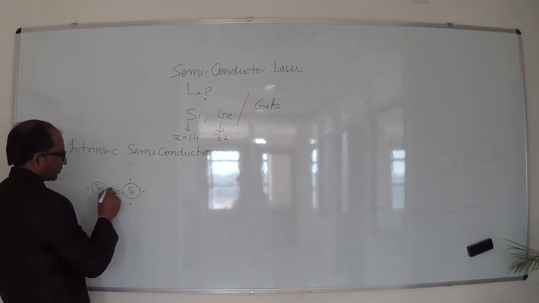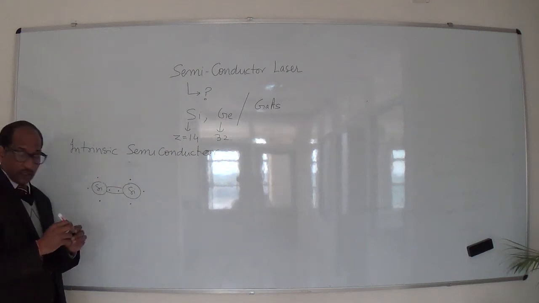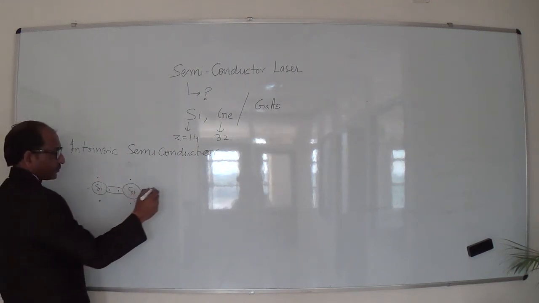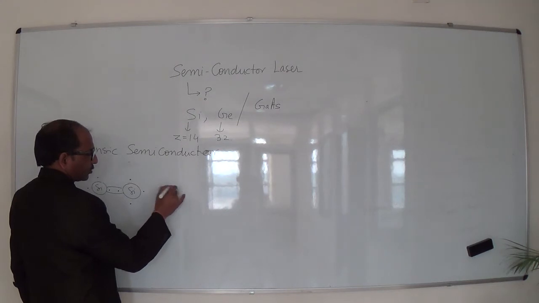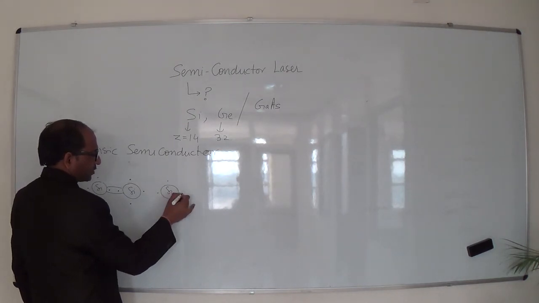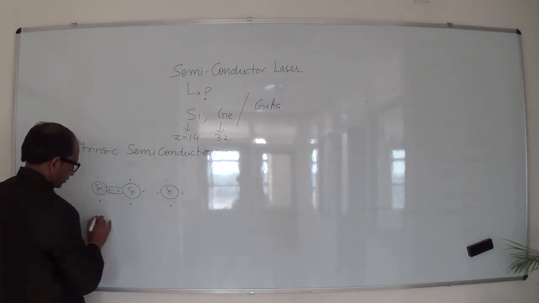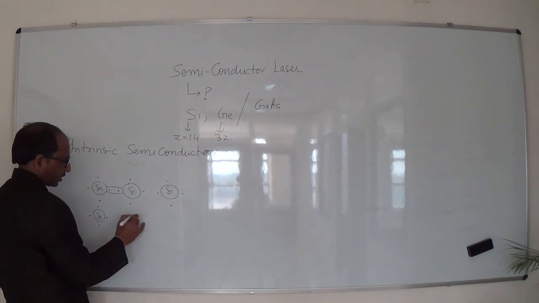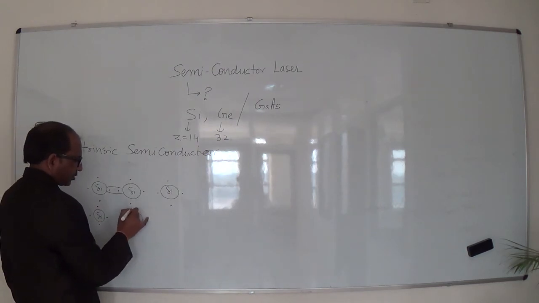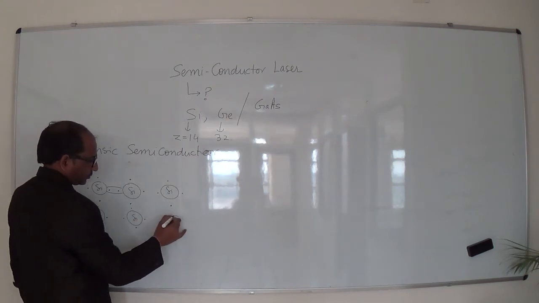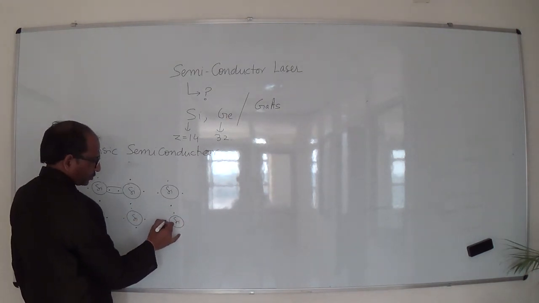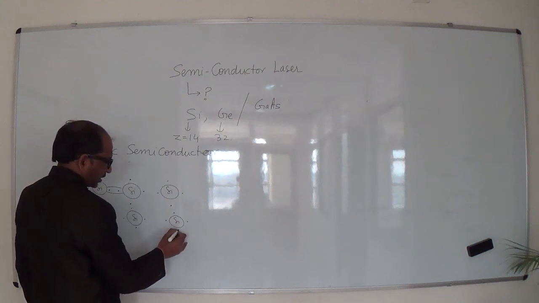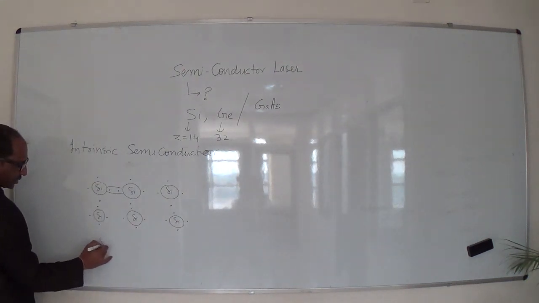So like this, silicon, next silicon atom, here silicon, and these 4 valence electrons make covalent bonds with the neighbor. And so like this, they can get a stable configuration.